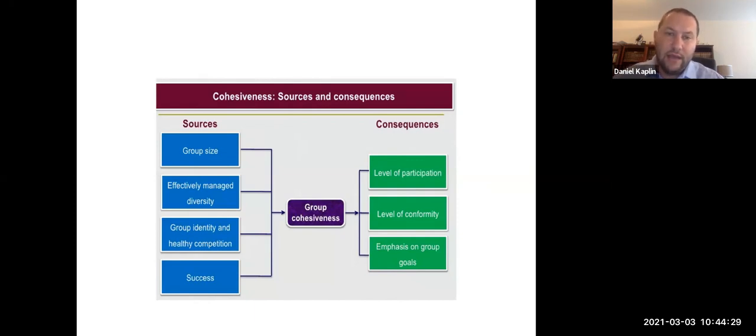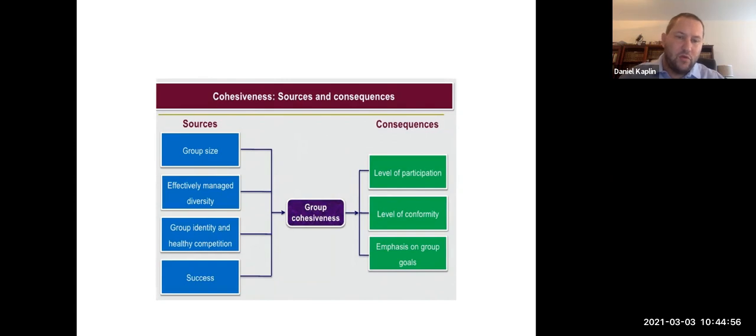Now, that group cohesion or cohesiveness is going to dictate how much a person participates, right? So think about group size. The larger the group, the level of participation goes down. The smaller the group and the more homogeneous the group is, the more likely you're going to have conformity, right?